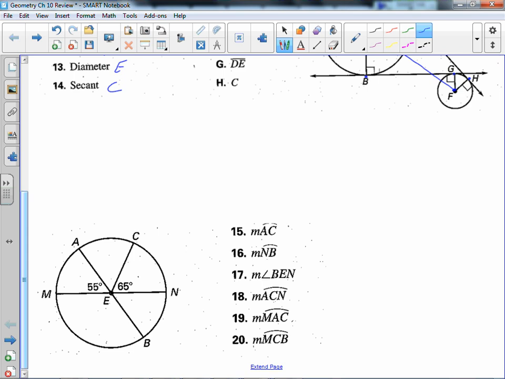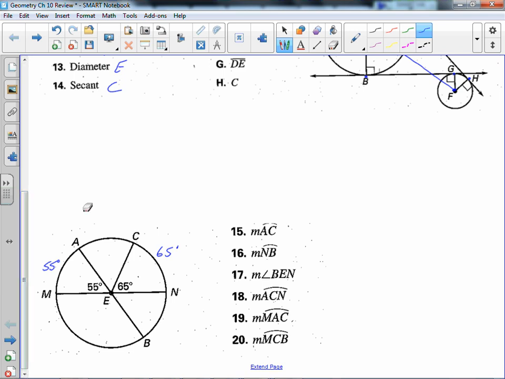And one thing we've learned is that the arc attached to a central angle is the same measure as the central angle. So that means that arc AM out here would be 55 degrees since the central angle there is 55. And arc CN would be 65 because angle CEN, that central angle, is 65 degrees.